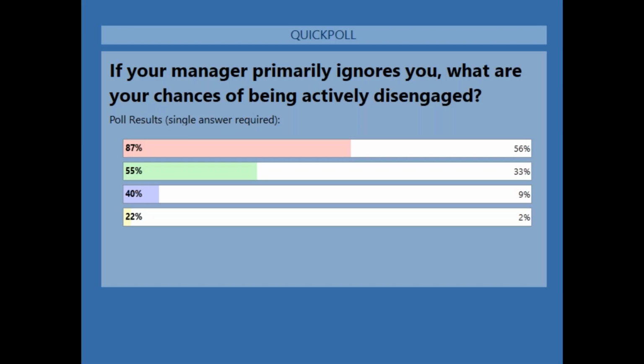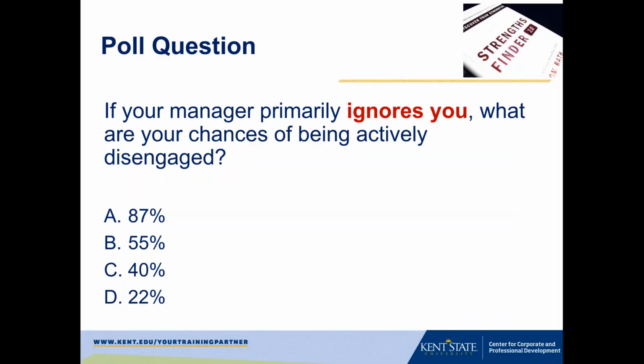And 2% answered 22%. So the actual answer is C, 40%. If your manager primarily ignores you, your chances of being actively disengaged are 40%.